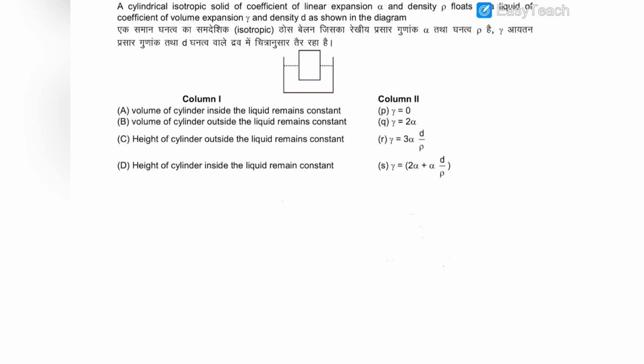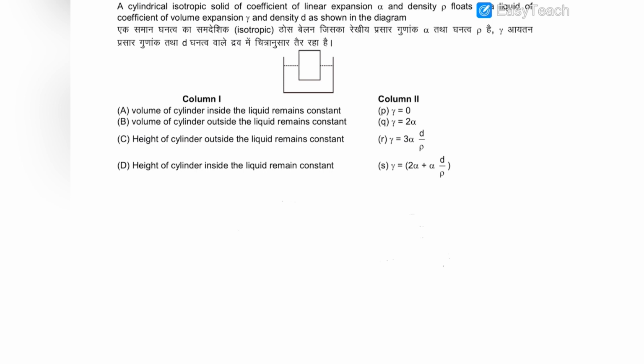This cylinder is floating in a liquid whose coefficient of volume expansion is gamma and the density of liquid is D. It is floating partially, so you can easily assume that D is less than rho. We have to match the correct columns. This is a brilliant example for understanding the concept of buoyancy, so let us discuss this one.